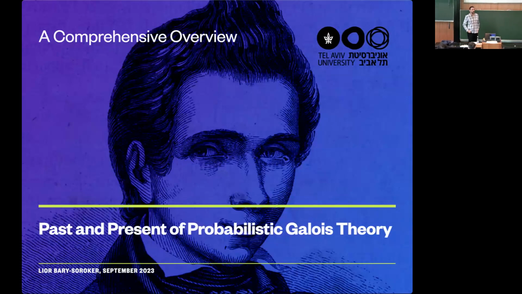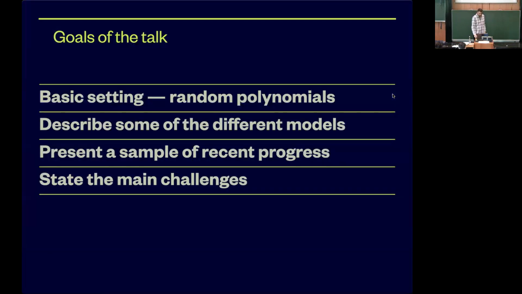So I want to talk about the probabilistic Galois theory, and I want to give some overview. It's a topic that is studied from a different point of view in recent years. Some of them we heard in the talk of Craig Westerland. I will take a different point of view, and I have some goals for this talk.